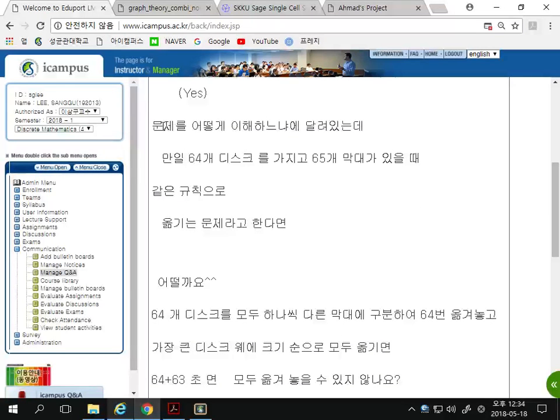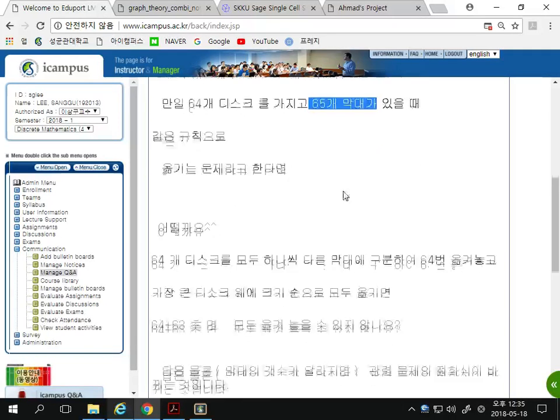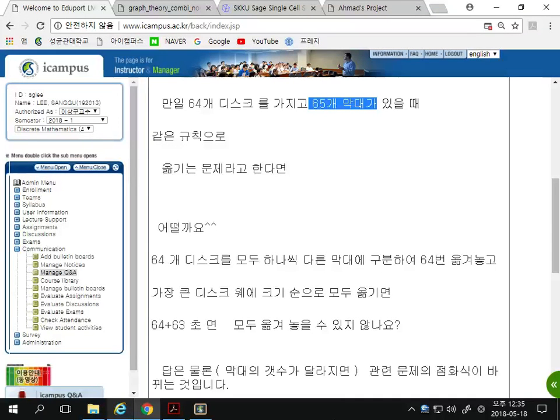Because think about it. If we have a tower of 64 disks, and suppose we have 65 bars, then what we can do is move each one of them to another bar. Then every one of the 64 disks is listed in each of those bars. Then we take 64 and 65, we made 65 moves.